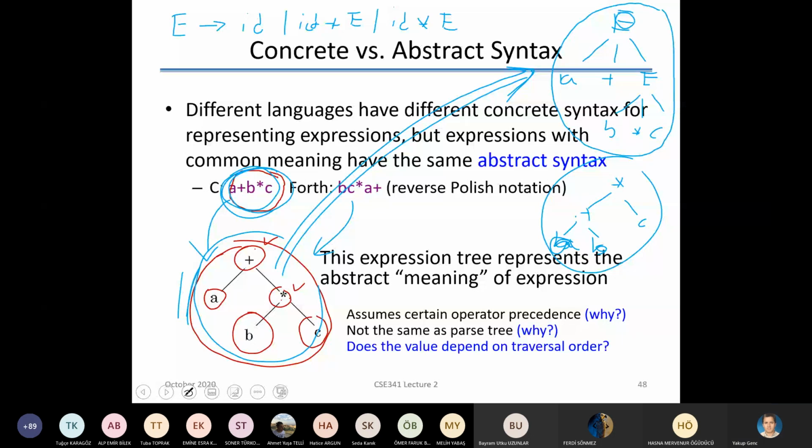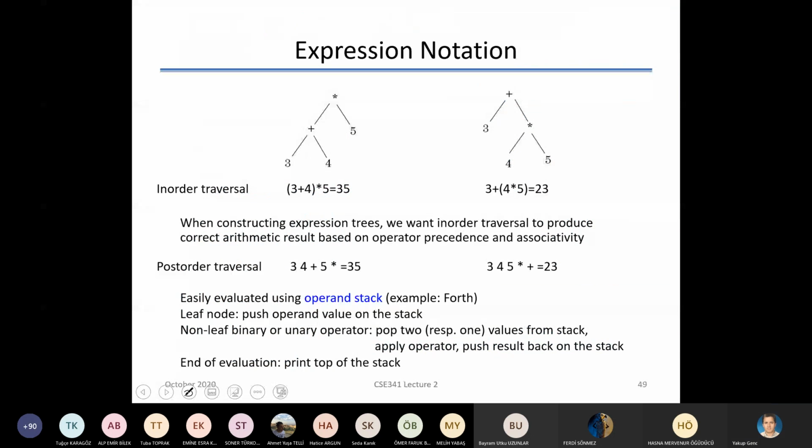Now, as I said, the order of traversal of the given expression is an important one.